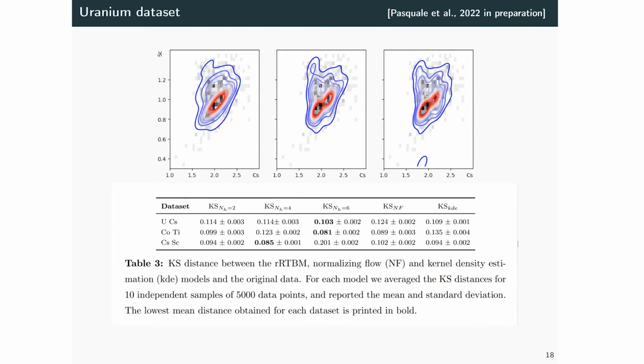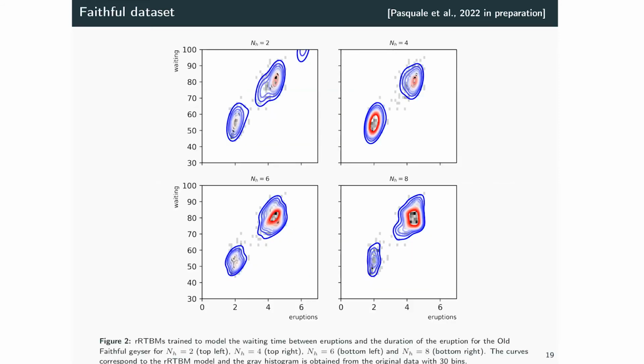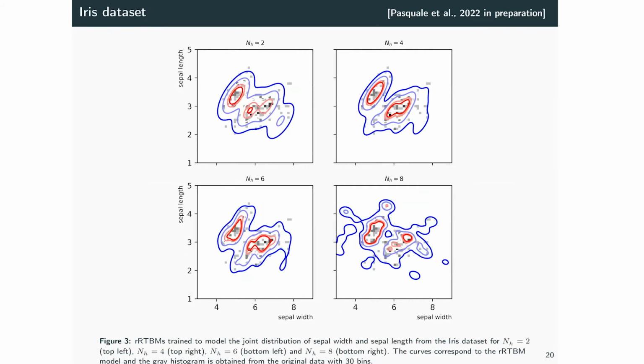Then we decided to test with other sets. For example, this is the well-known Faithful dataset, where we have the number of eruptions and the waiting times between the eruptions, and finally also the iris set here, which is also already well known.